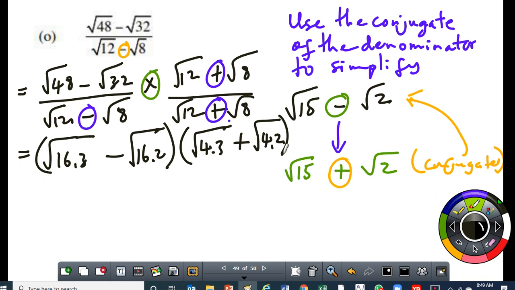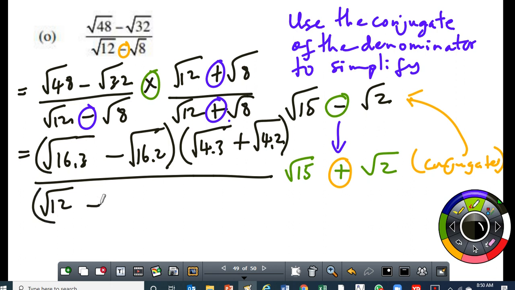Okay? That's my numerator. My denominator, okay? The square root of 12, I may not need to do it the way that I'm going to simplify the numerator. So I'm going to rewrite this: the square root of 12 minus the square root of 8 times the square root of 12 plus the square root of 8.